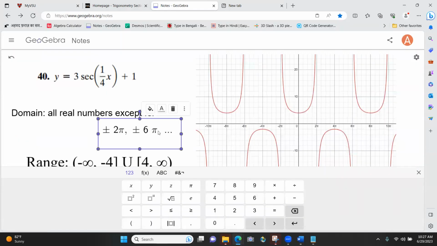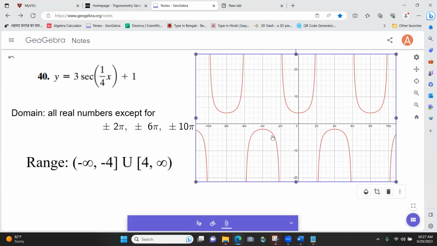The next one will be what, guys? You didn't have 4 pi, right? It was 6 pi. The next one, 8 pi will be missing. And then you'll have to do 10 pi. It's going up by 4. That's the pattern I see. So that's your domain. Easy.